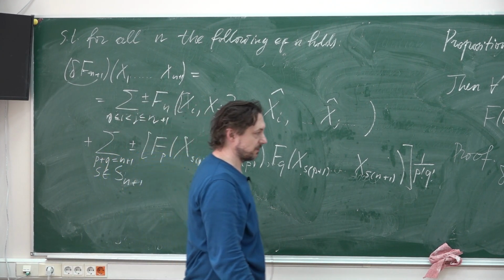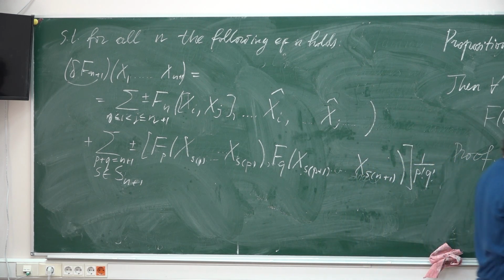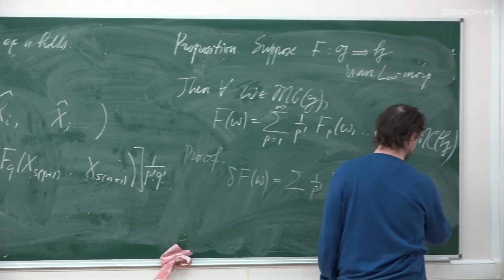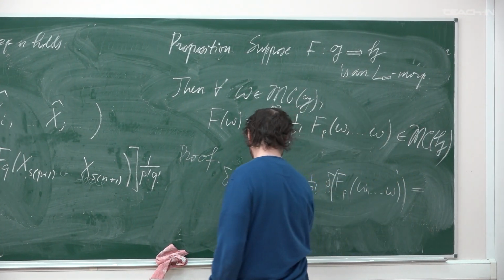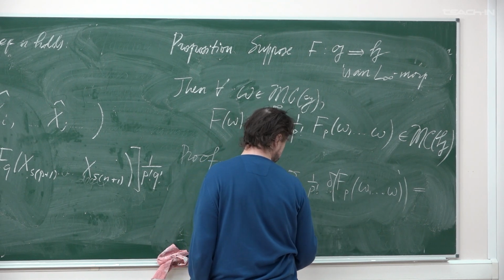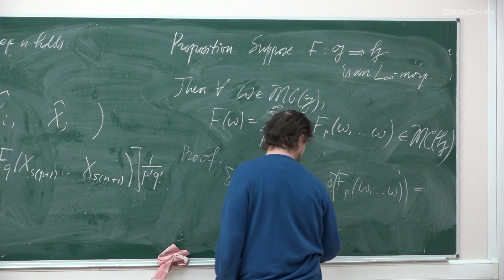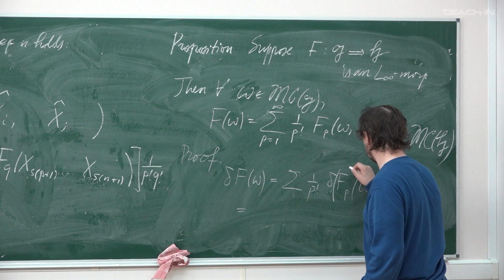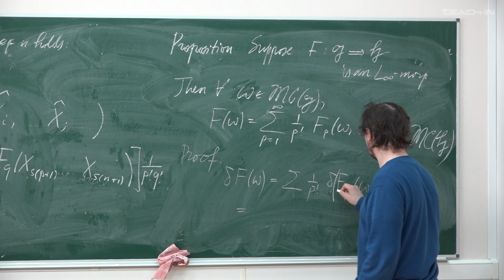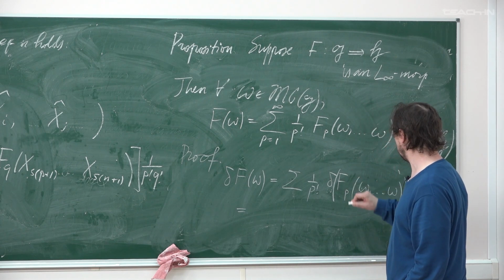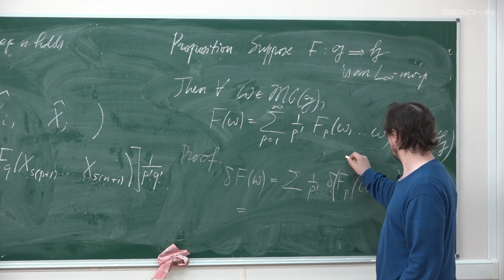In order to obtain this finite result, we need to add and subtract the terms which actually make this into delta of f applied to something.